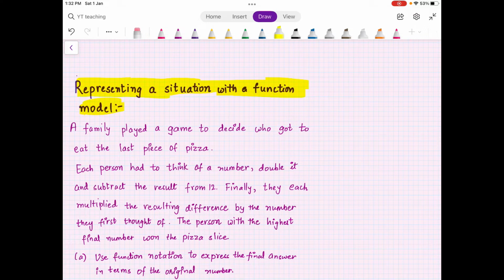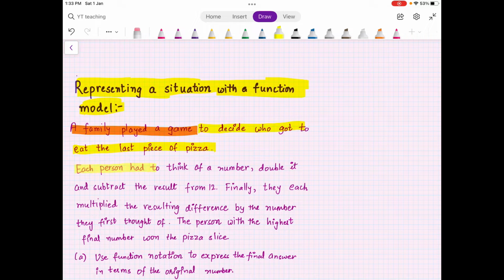That is interesting because everything we learn we should be able to apply in real life, otherwise why are we learning it? Whenever you learn a mathematical concept, try to relate it to some real life example. So here we have a family who played a game to decide who got to eat the last piece of pizza.